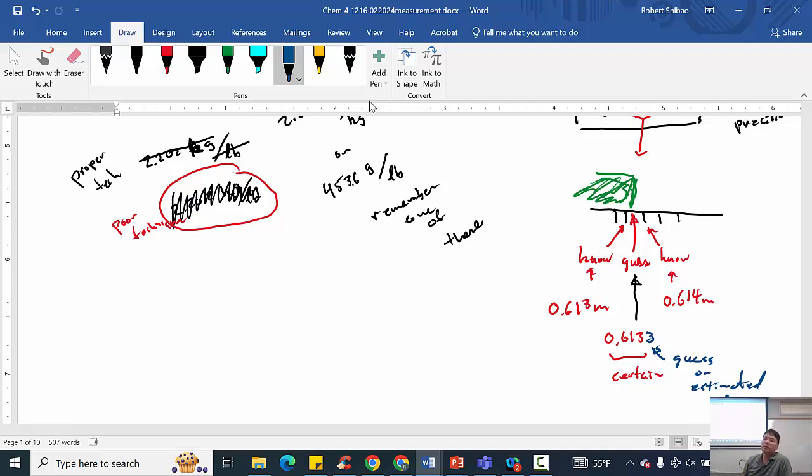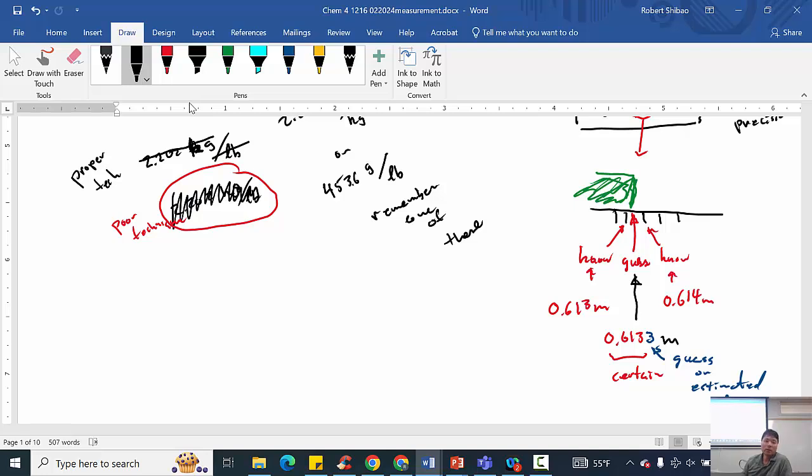So this is my guess or estimated digit, 0.6133 meters.